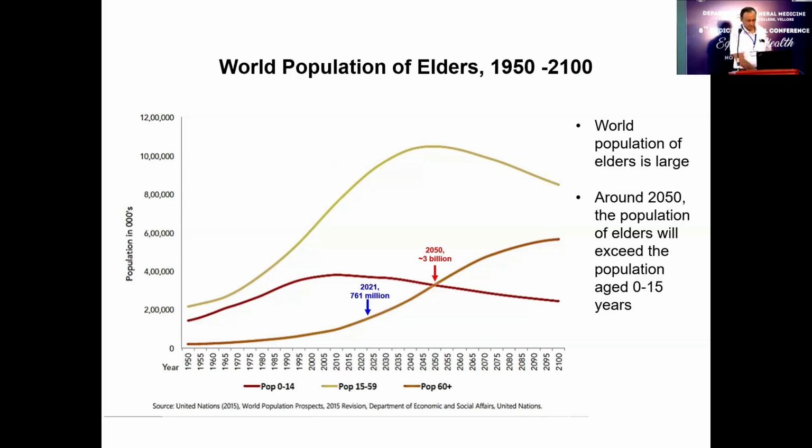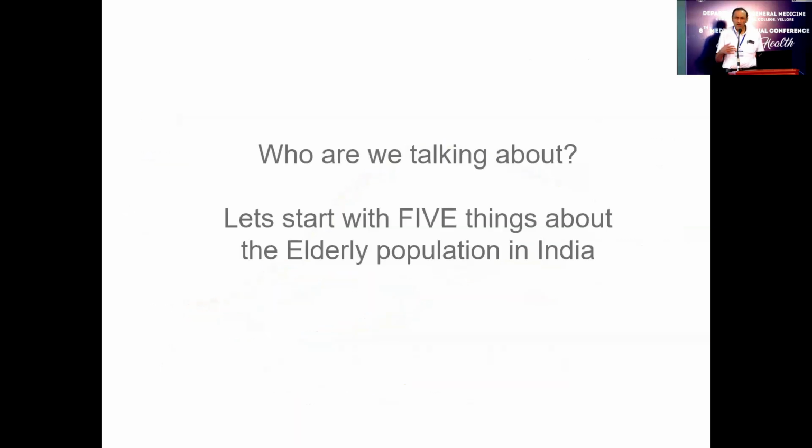This is the line I'm talking about, the world population of elders. After remaining somewhat static between 1950 and about 1990, it has started to rise. In about 2050, we are going to witness a unique demographic phenomenon where the population of elders is set to exceed the population aged 0 to 15 years, the first time in the history of mankind.